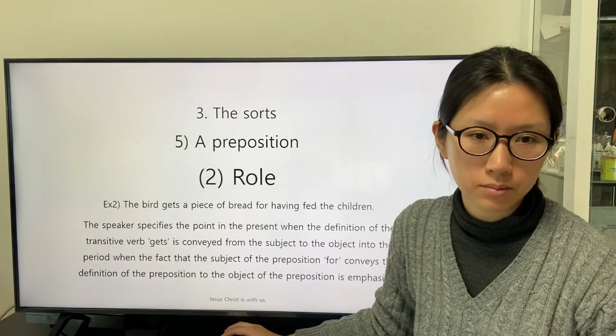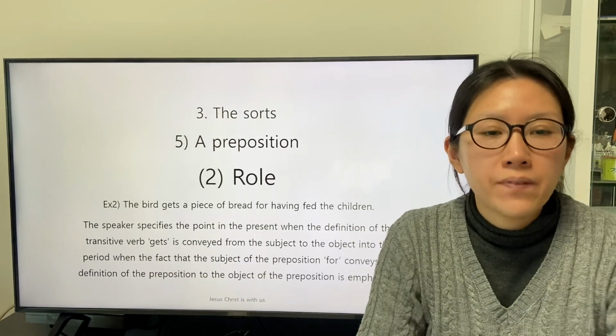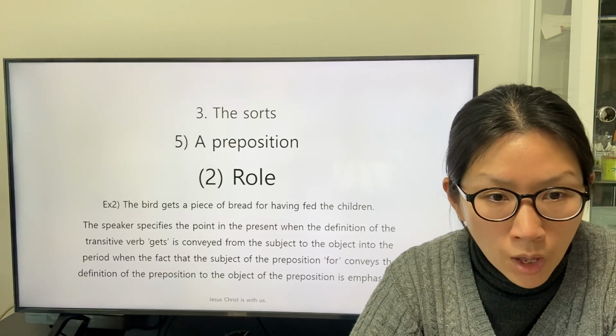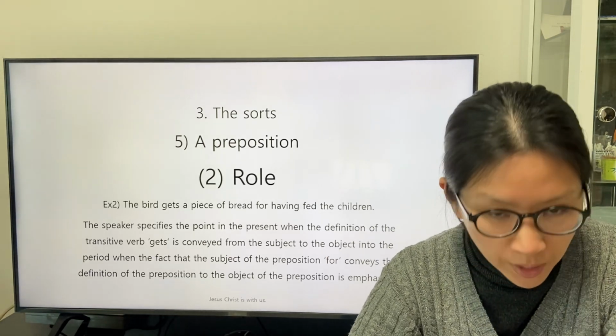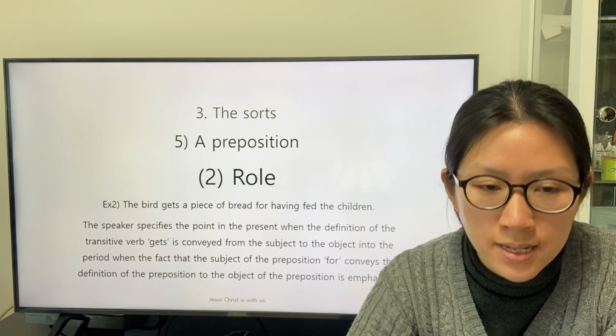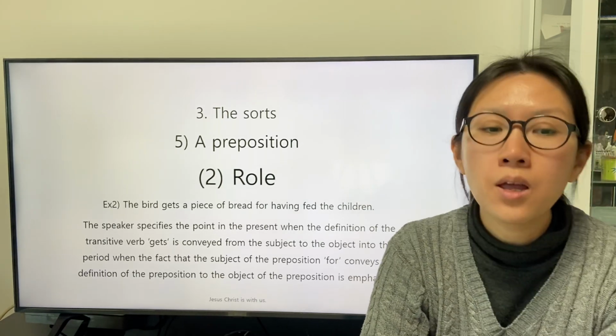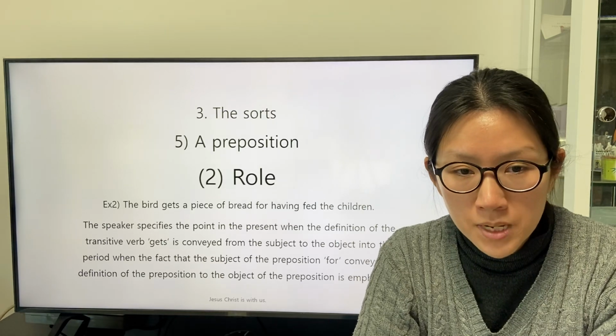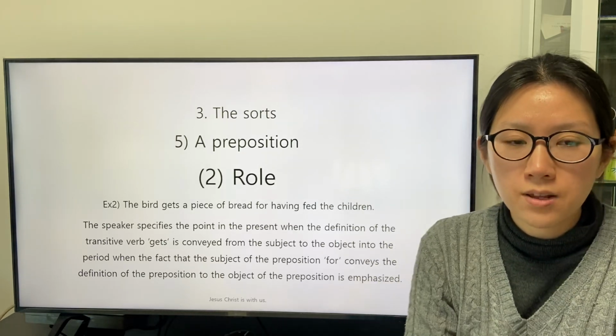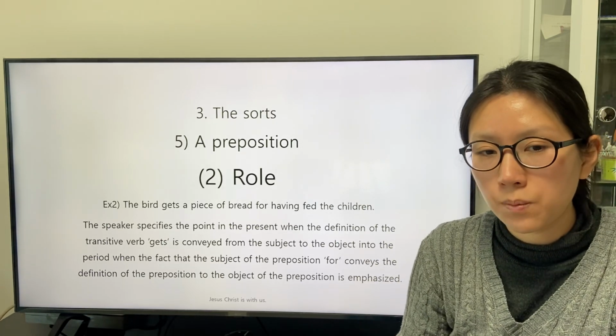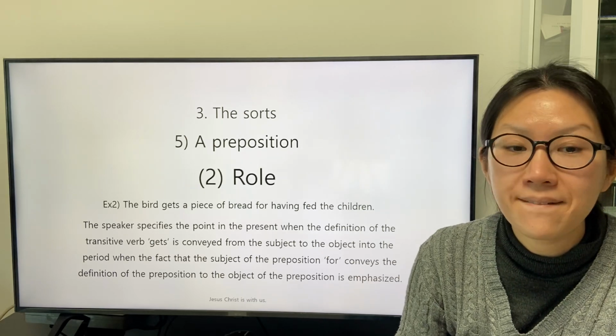The speaker specifies the present, when the definition of the transitive verb get is conveyed from the subject to the object, into the period, when the fact that the subject of the preposition for conveys the definition of the preposition to the object of the preposition is emphasized.